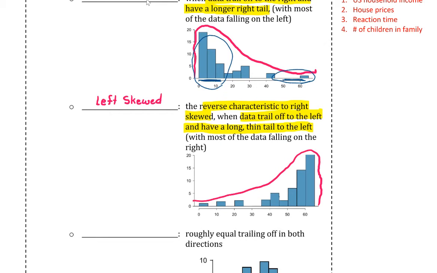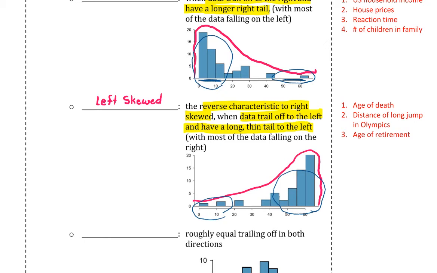Some examples of data that might show a left-skewed distribution might be age of death. There would be a lower frequency of people that have a low lifespan, and a higher frequency of people that have a longer lifespan. The same could be said for the distance of the long jump in the Olympics.